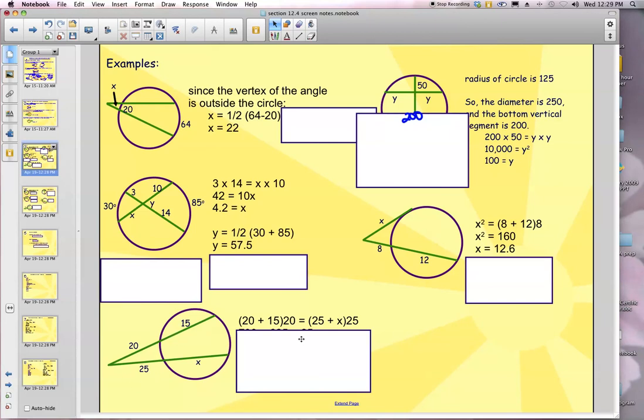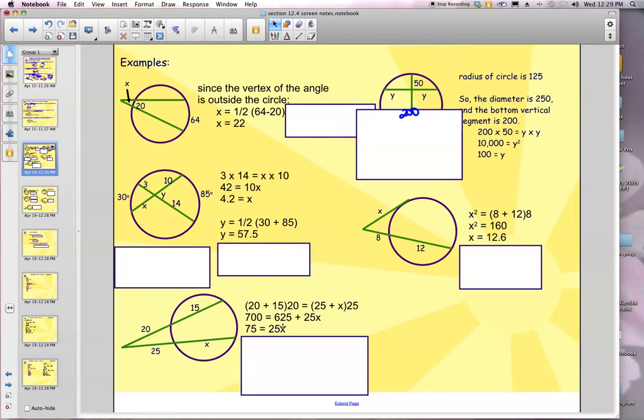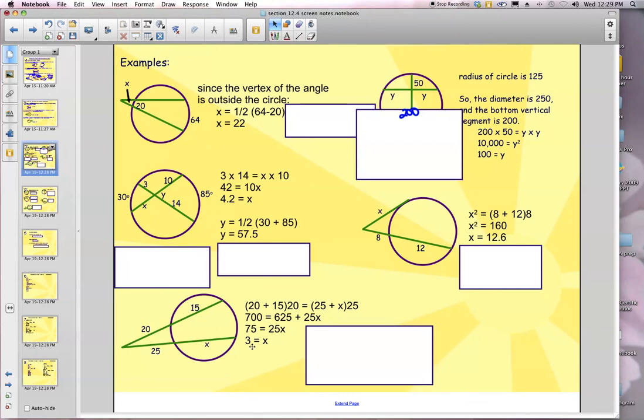From here, it's just an algebra problem. 20 plus 15 is 35. 35 times 20 is 700. I have to distribute the 25 here because 25 and x can't go together. So 25 times 25 is 625. 25 times x is 25x. I'll then subtract my 625 over to the other side. So 700 minus 625 is 75 equals 25x. And then I would divide by 25 and x would be 3.